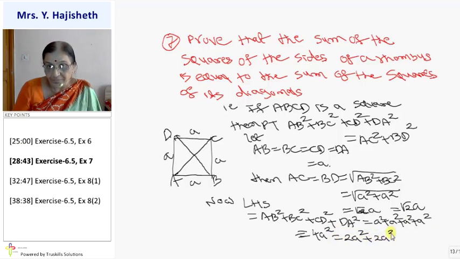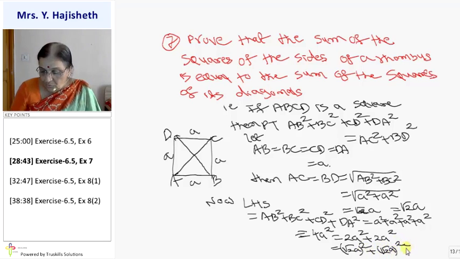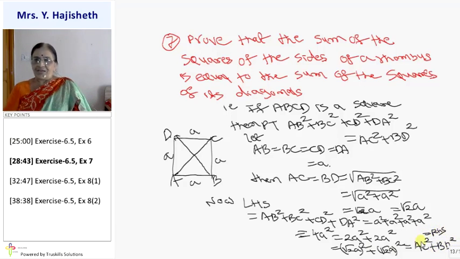Clear? 2a square is written as root 2a whole square plus root 2a whole square. Root 2a whole square is AC square. Another root 2a whole square is BD square. And that is my RHS. Clear? I start with my LHS and come to my RHS.